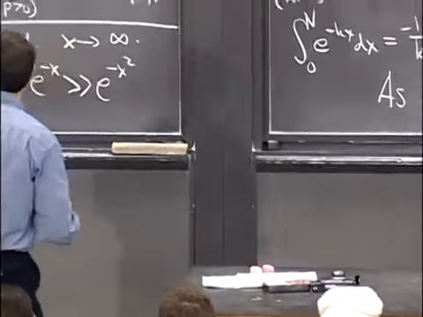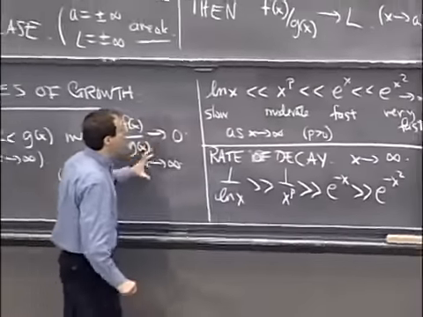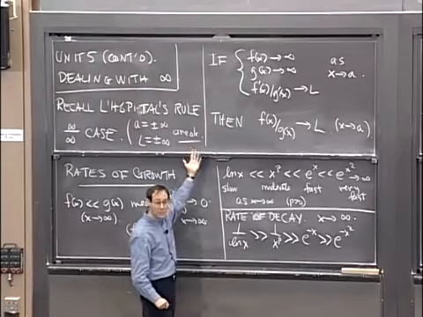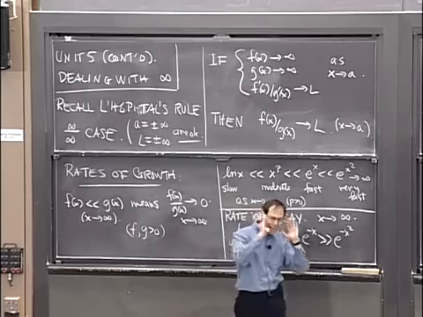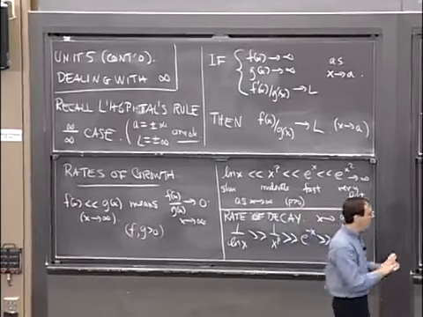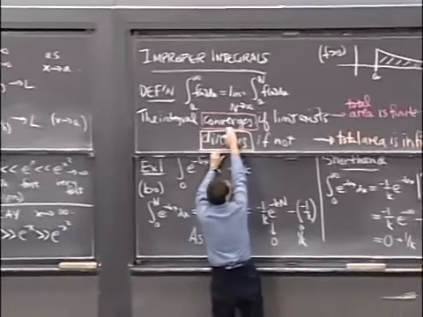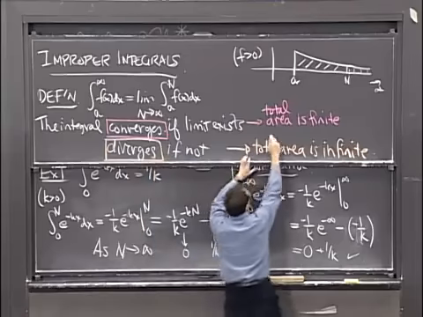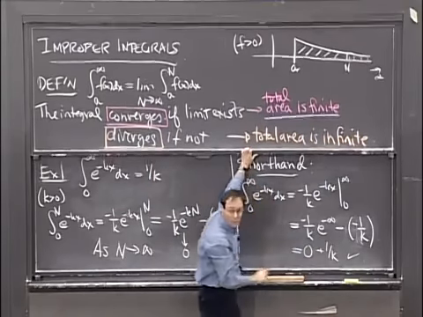Whenever I make a discussion of limits, I say a finite limit. So in other words, when I say exists, I mean exists and is finite. So here, when I say that it converges and I say the limit exists, what I mean is that it's a finite number. And so that's indeed what I said here, the total area is finite.